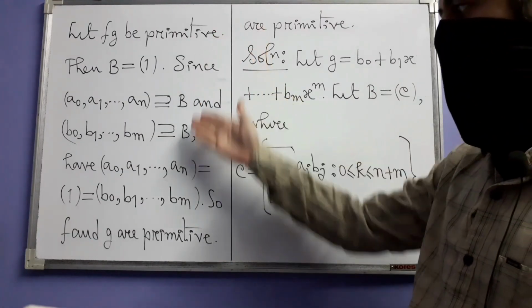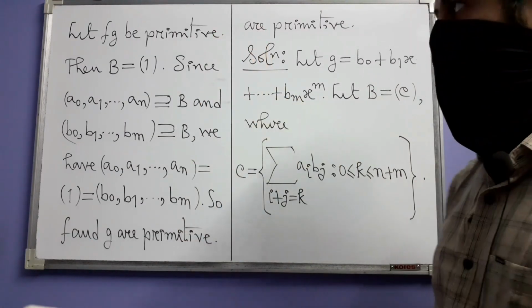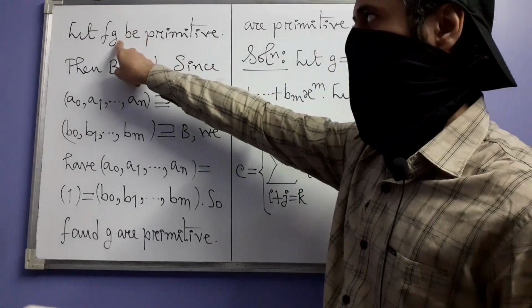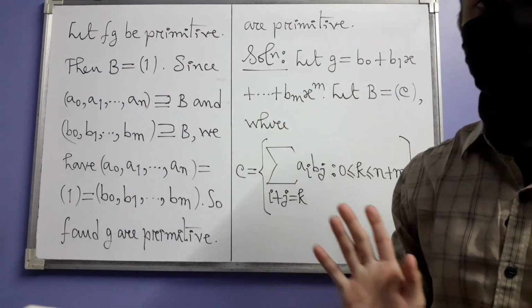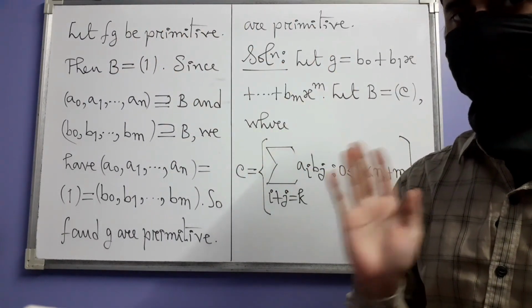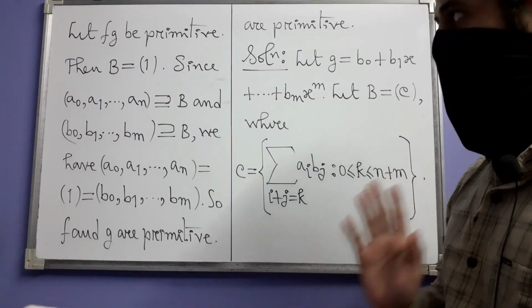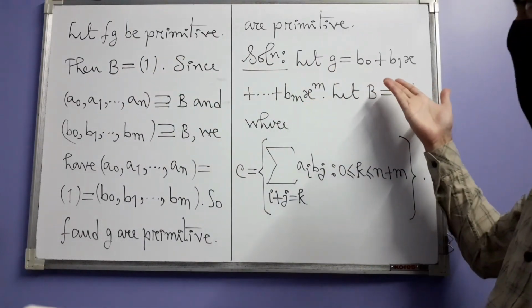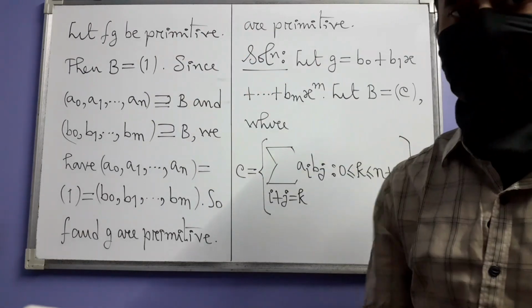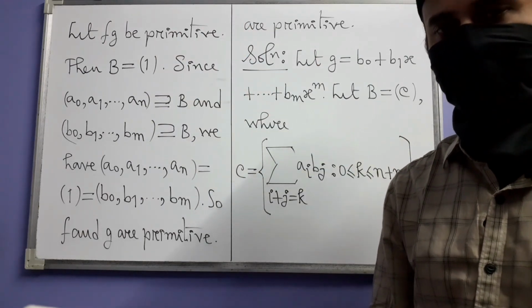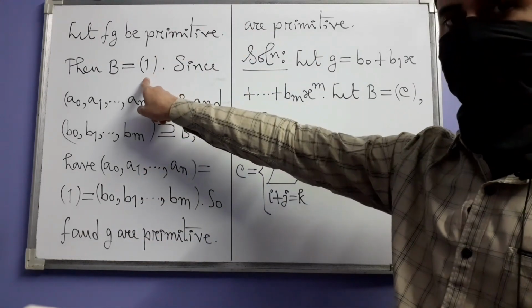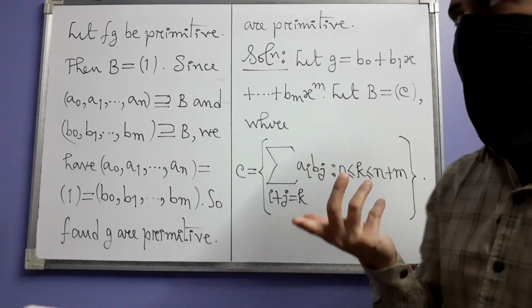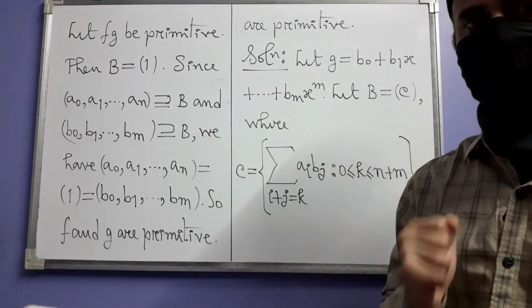So this is one half of the proof, where we assume that fg is primitive. Let fg, the product, be primitive. Then by definition of primitivity, this ideal B is the entire ring A, or the ideal generated by the identity element. Why? Because you recall the definition of primitivity.